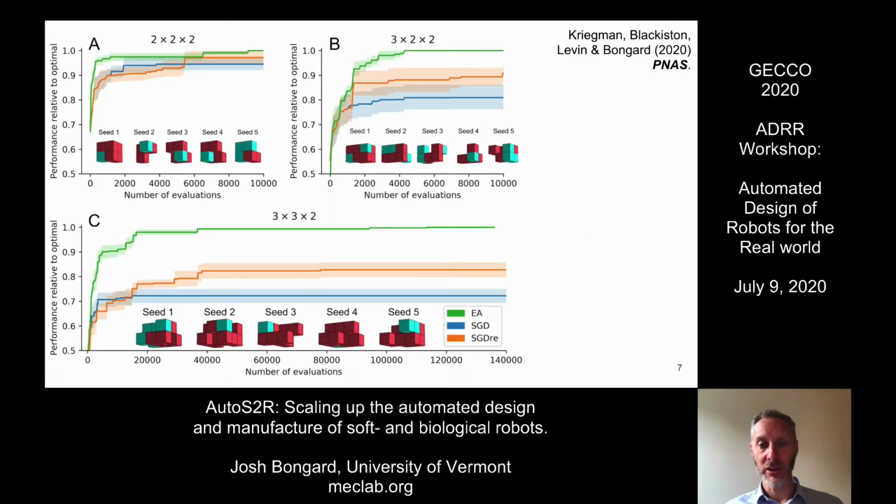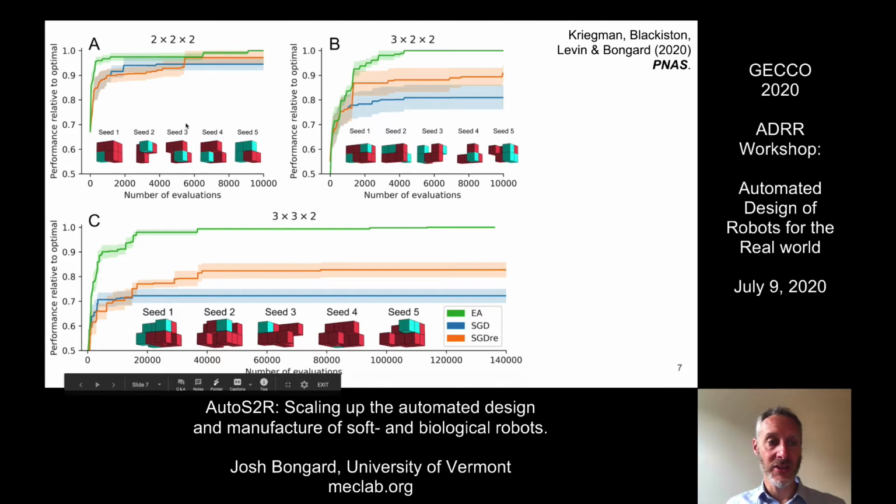In some recent work, we show that this form of topology optimization, where we're depositing fewer or more voxels from one CPPN to the next, this evolutionary approach to topology optimization actually outperforms state-of-the-art stochastic gradient descent and also state-of-the-art stochastic gradient descent with restarts.